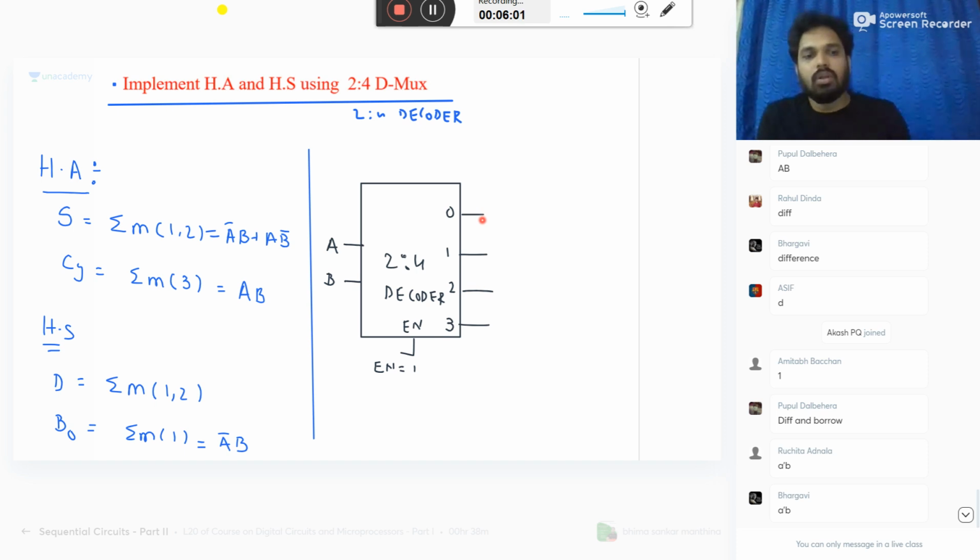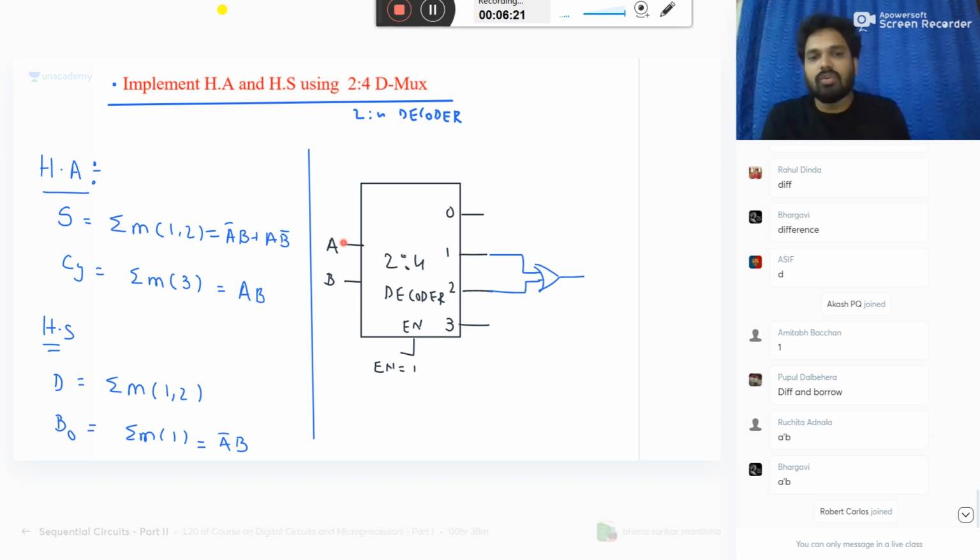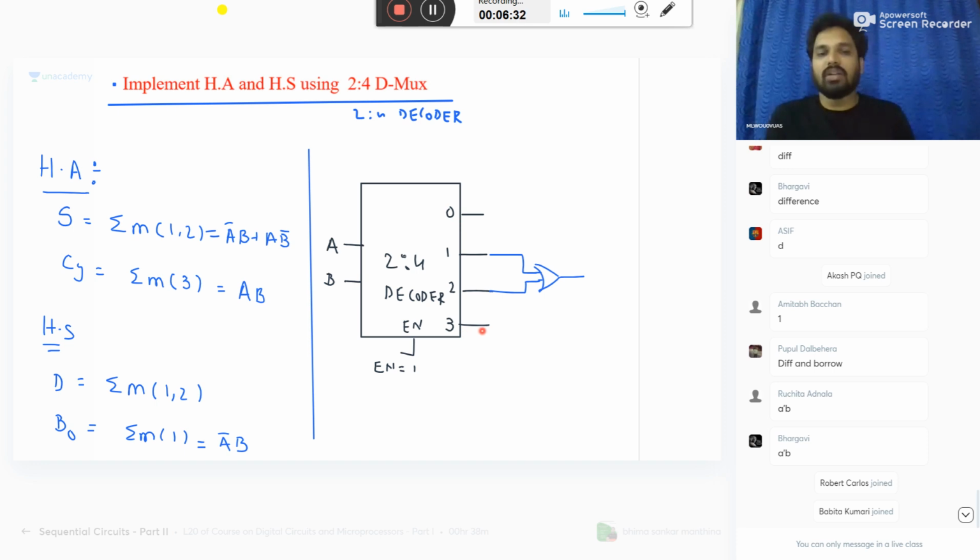Now, what is the first one? Half adder. Half adder is the sum of the minterms 1 and 2. Very simple. Take this 1 and 2, give it to an OR gate. Because this line will be 1 when it is 0 1, and this line will be 1 when it is 1 0. Indirectly, these lines 0 1 2 3 are nothing but minterms.